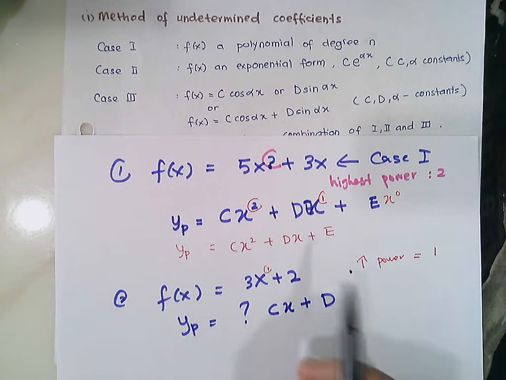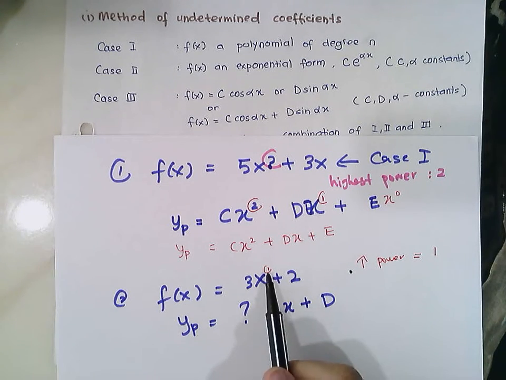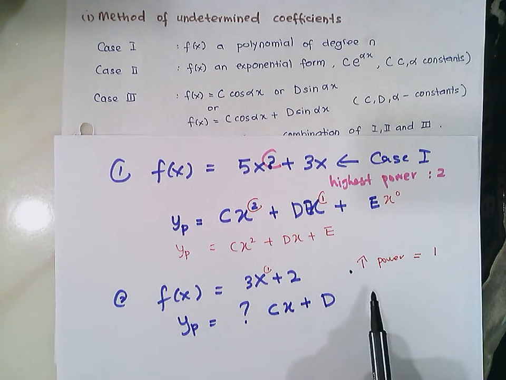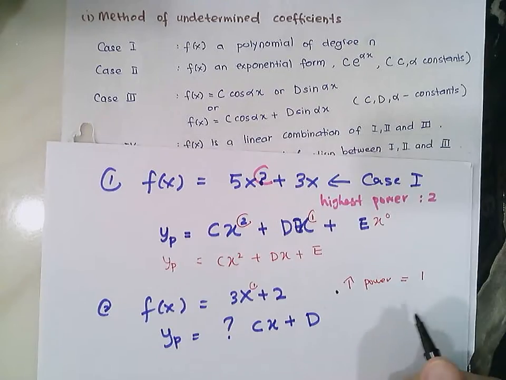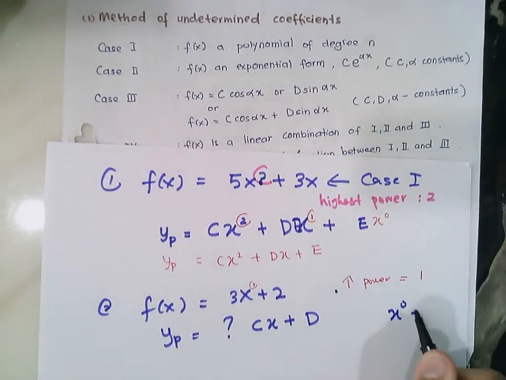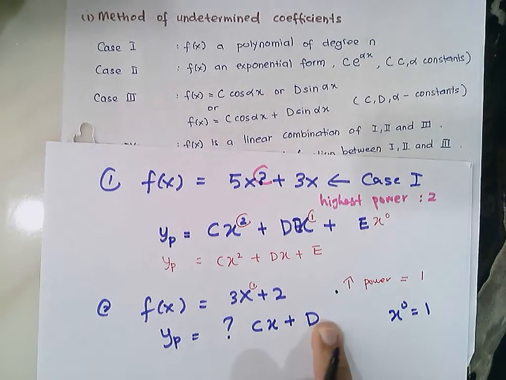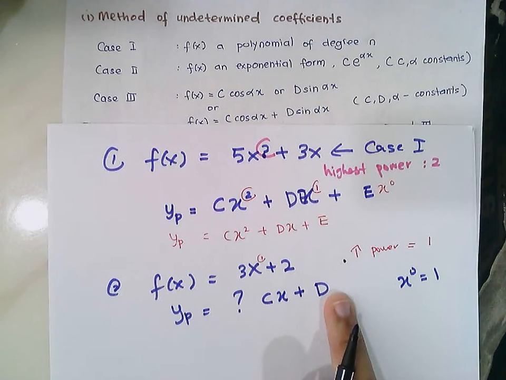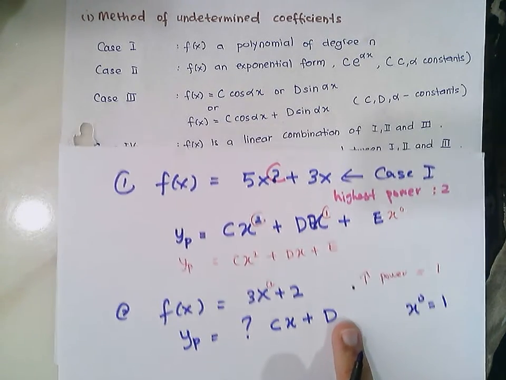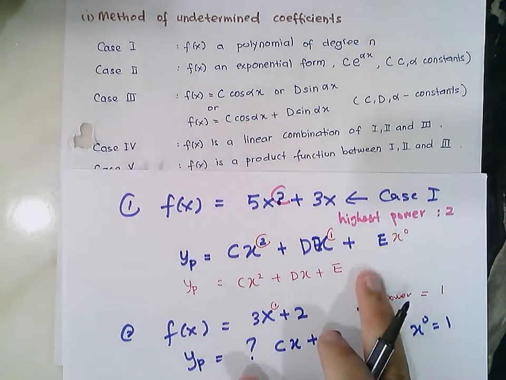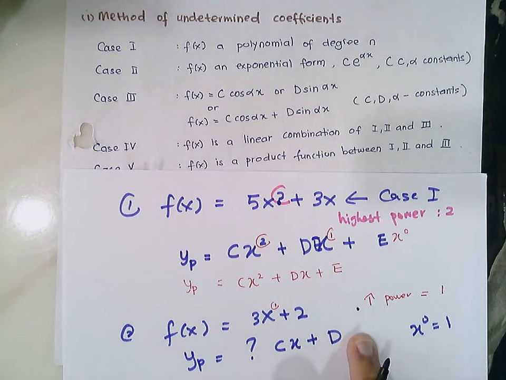We start with the same power as your fx and reduce until x to the power of 0. Remember, x to the power of 0 is equal to 1. That's why we don't write x to the power of 0 here. So this is when your fx is a polynomial function.